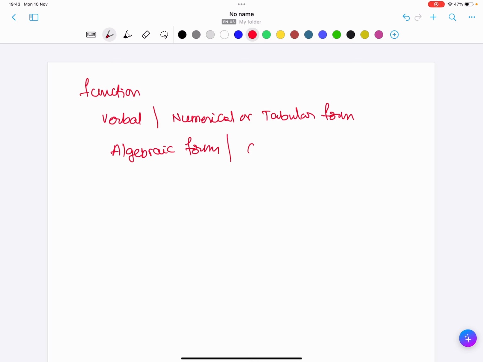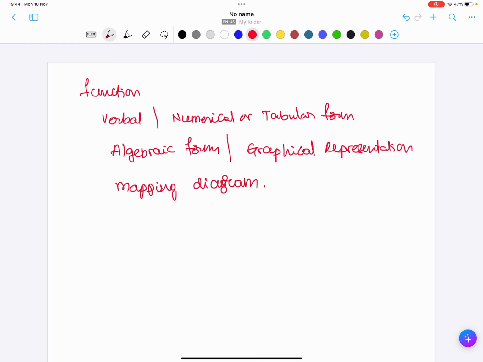Then you can represent it graphically. Then you can also use a mapping diagram. So, this many ways you can represent a function.